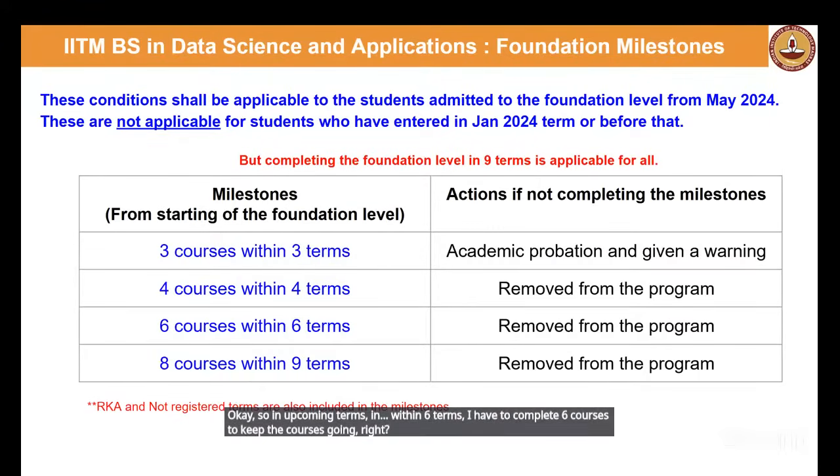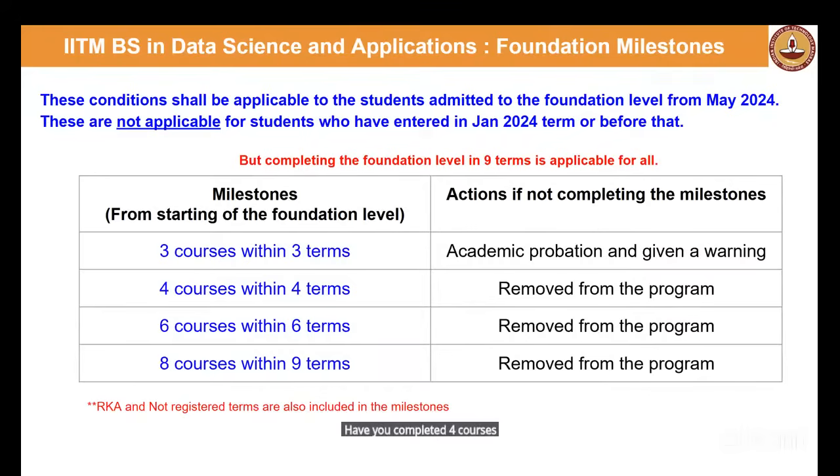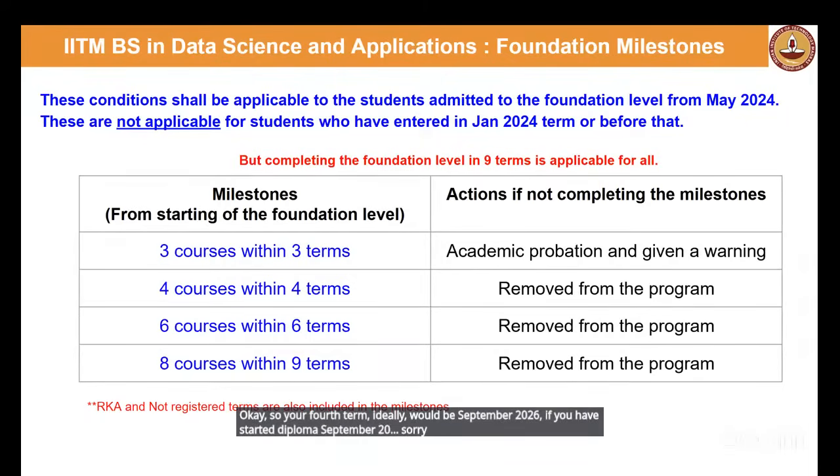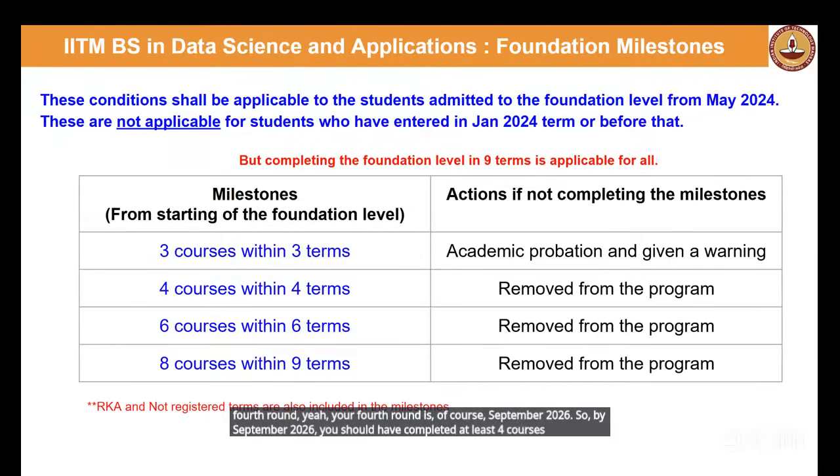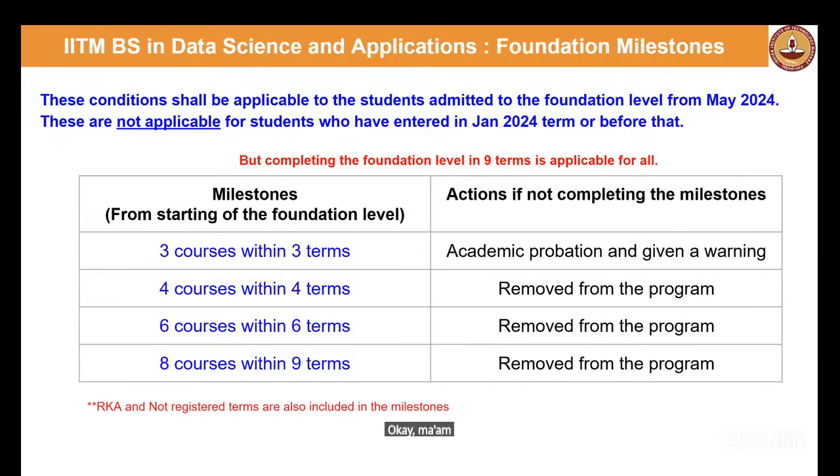Have you completed 4 courses? Only one course I have completed, ma'am. Then the 4 courses condition is applicable. So I have to complete 4 courses within 4 terms. Your fourth term ideally would be September 2026, if foundation started in September 2025. By September 2026, you should have completed at least 4 courses. Okay, ma'am.